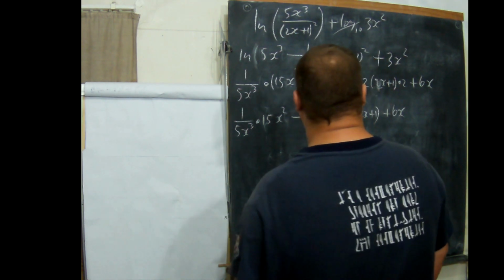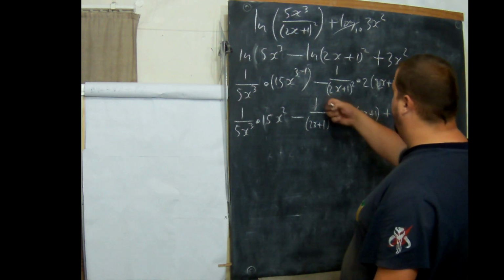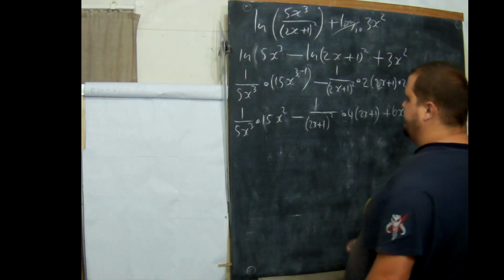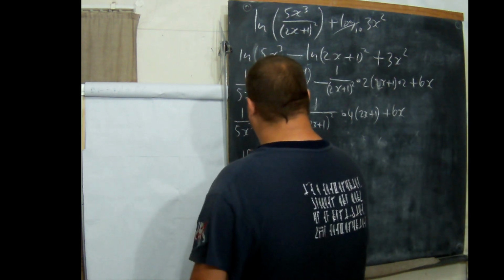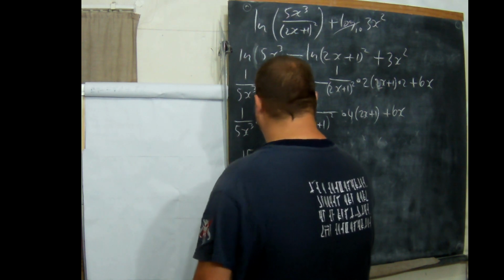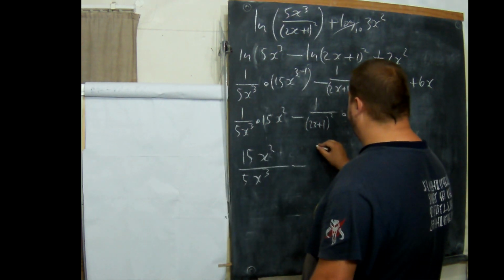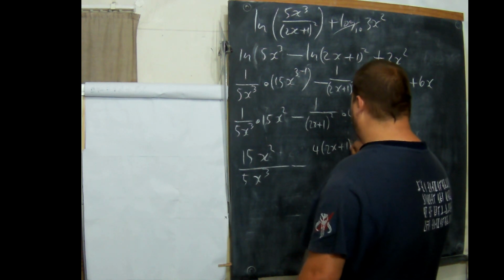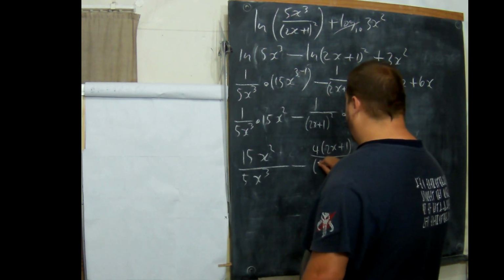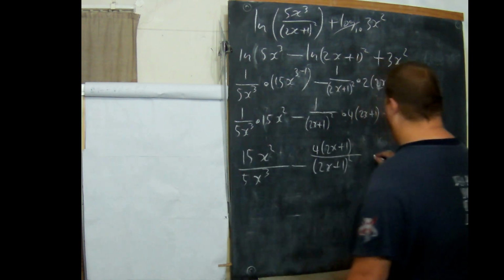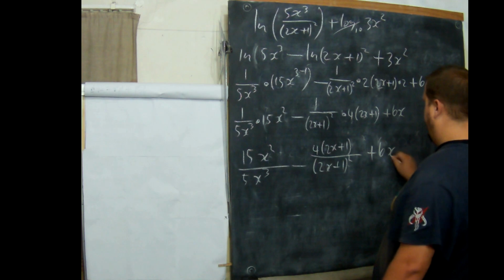What we are left with is we put these all together: this one goes above, that one goes above, and that stays there. So we have 15x squared over 5x cubed minus 4 times (2x plus 1) over (2x plus 1) squared, plus 6x.